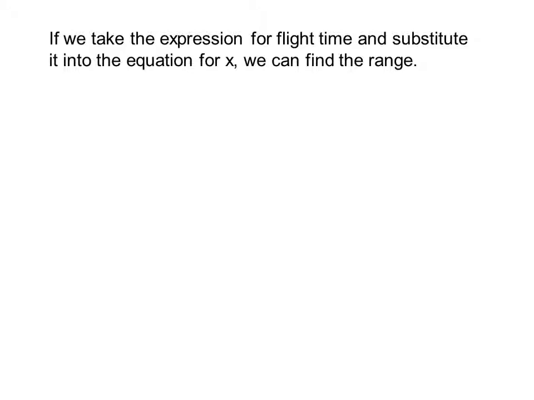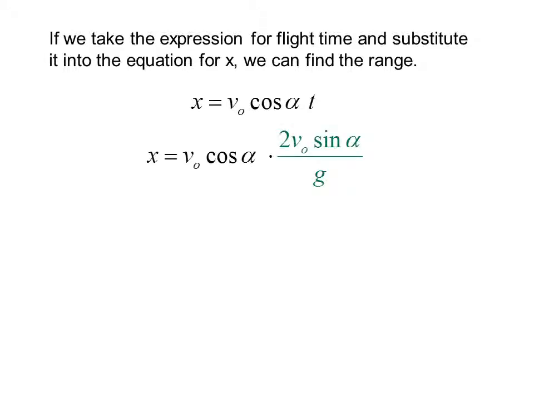If we take the expression for flight time and substitute into the equation for x, we can find the range. X equals v sub 0 cosine alpha t. Substituting in, we get x equals v sub 0 cosine alpha times 2 v sub 0 sine alpha over g, or x equals v sub 0 squared over g times 2 cosine alpha sine alpha.